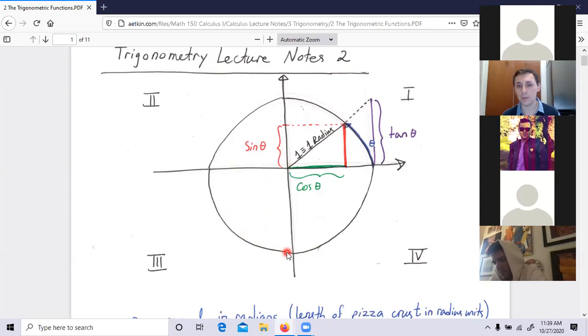What is tangent approaching? From the left, yes, guys? Write in the comments.